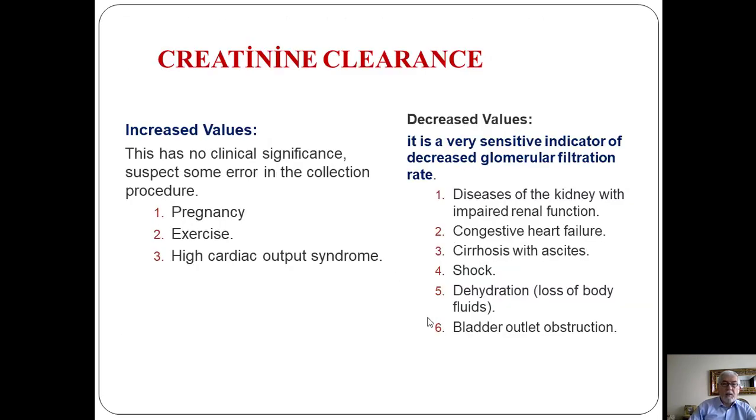It's easy. When you look at creatinine clearance levels, some problems and conditions increase creatinine clearance values, such as pregnancy, exercise, and high cardiac output syndrome. Also, sometimes creatinine clearance can be decreased. In this case, it is a very sensitive indicator of decreased glomerular filtration rate.